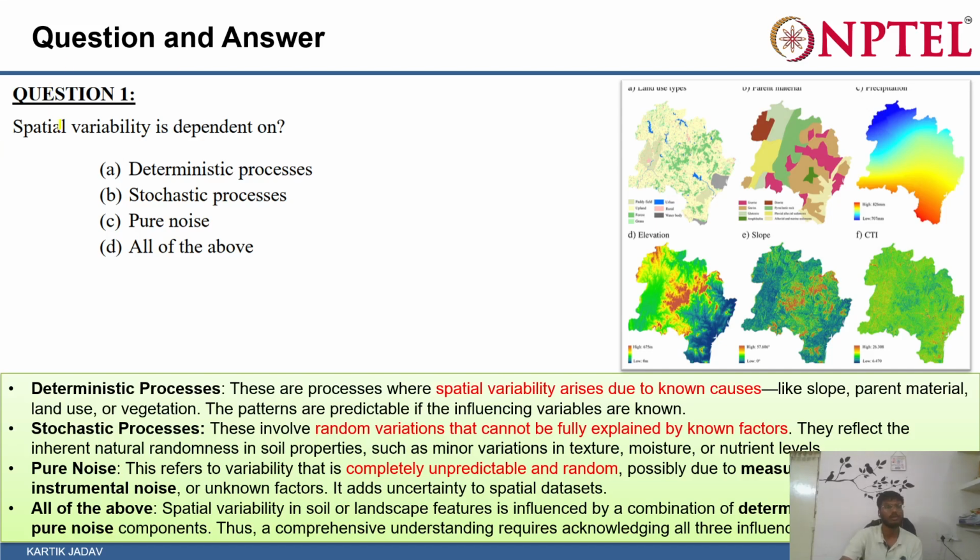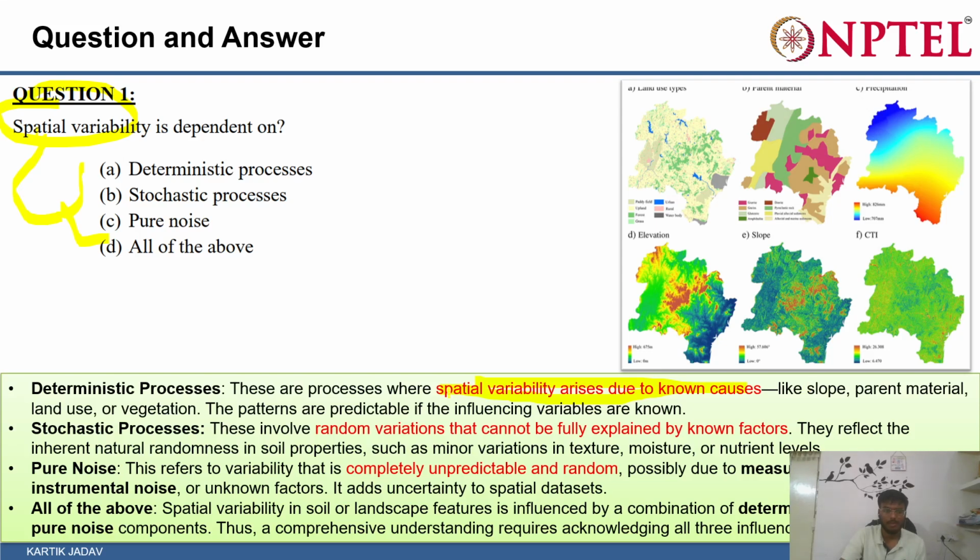Question number one. Spatial variability is dependent on deterministic process, stochastic process, pure noise, and D all of the above. So we know that deterministic process, stochastic process, and pure noise combined represent the spatial variability, right? Specifically, in the deterministic process, spatial variability arises due to known causes like soil parent material, land use, or vegetation.